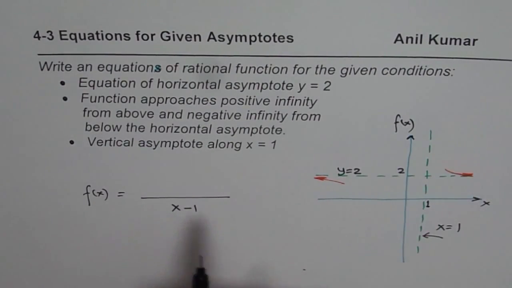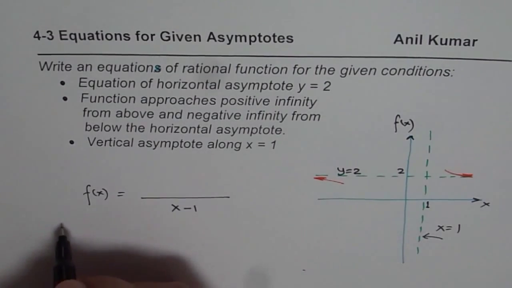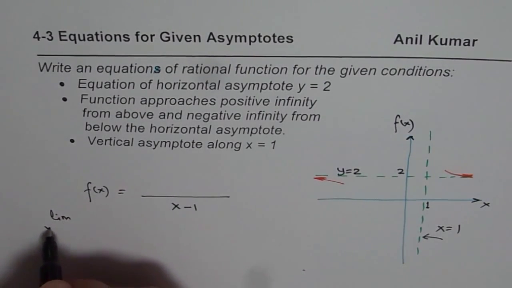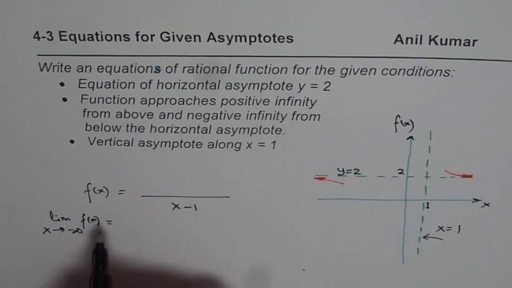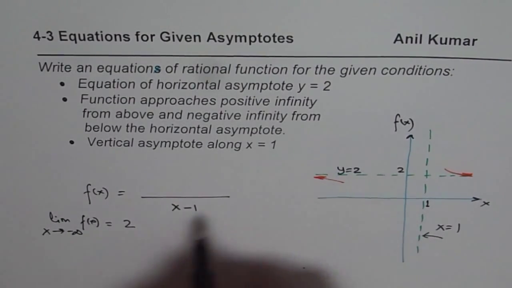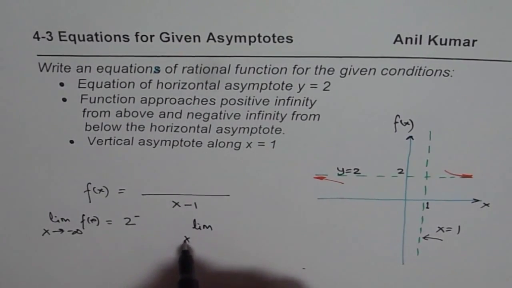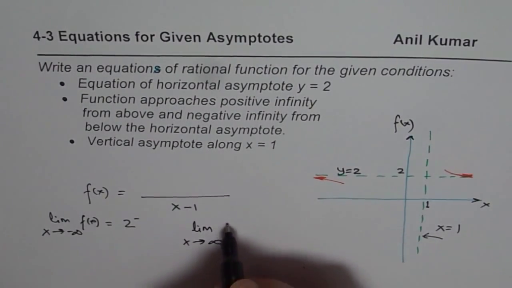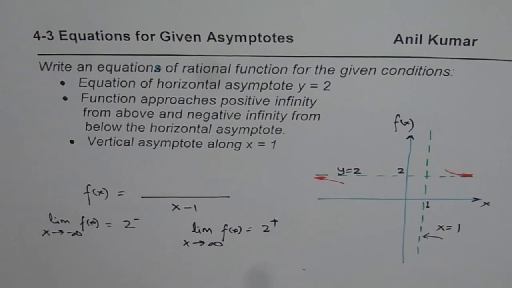That is to say that the limit of the function as x approaches negative infinity has to be 2, but since it is less than 2, it is 2 minus, that is what it means. And it also means that the limit of the function as x approaches positive infinity should be 2 plus. That is the end behavior which we need to ensure.